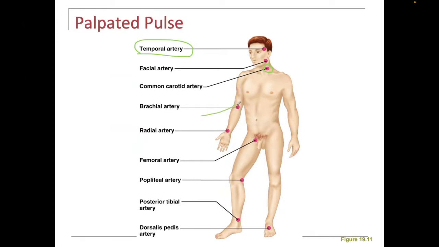Here's the brachial artery. We use that for blood pressure. When we want to feel the pulse, it's the radial artery. Here's the femoral artery. Here, the popliteal is behind the knee. Here's the posterior tibial, right near the medial malleolus. And then here's the dorsal pedal.